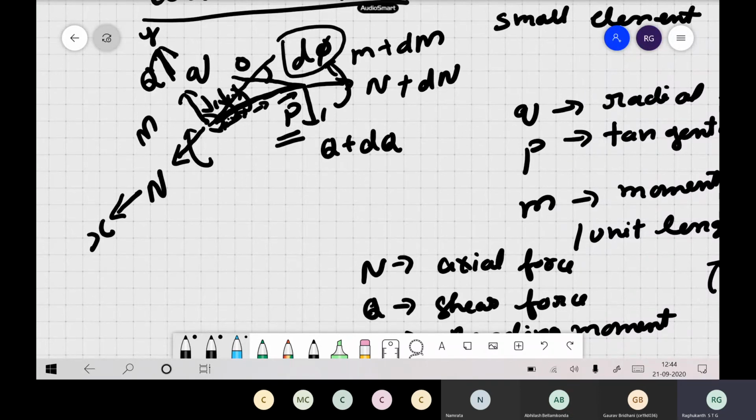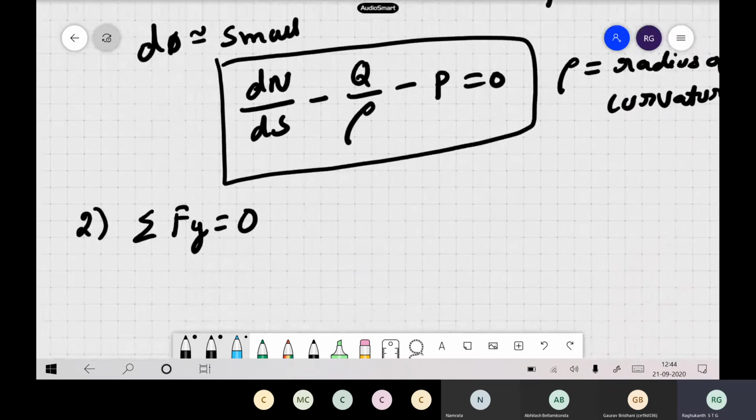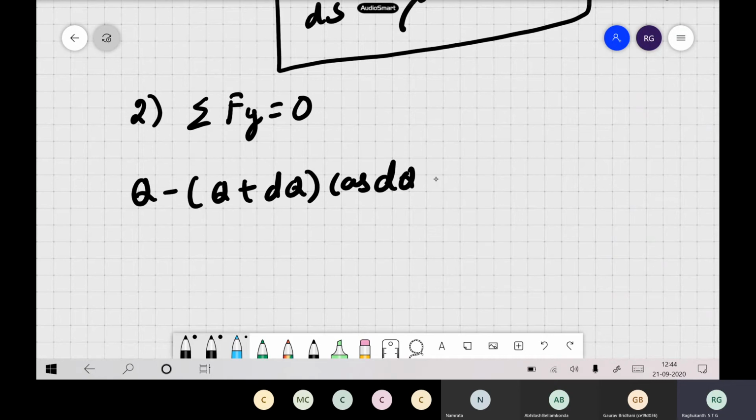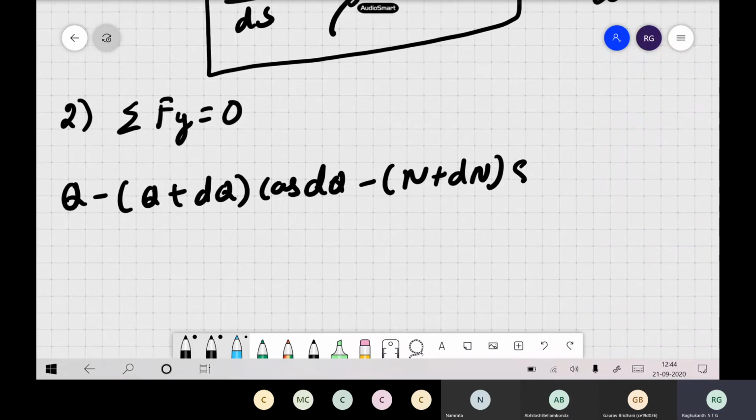If you try to write all those quantities here, this becomes q minus q plus dq multiplied by the cos of d phi, minus n plus dn. This also will have a component, so sine of d phi, minus q into ds.